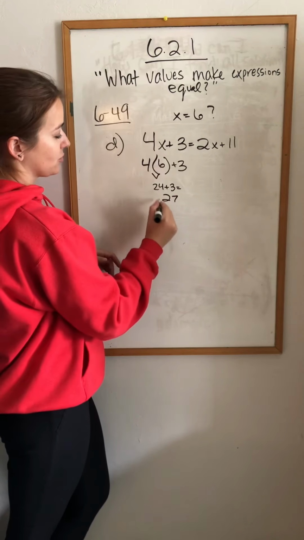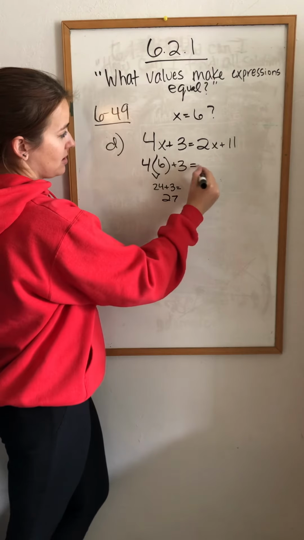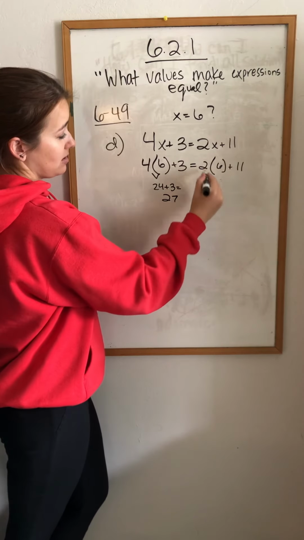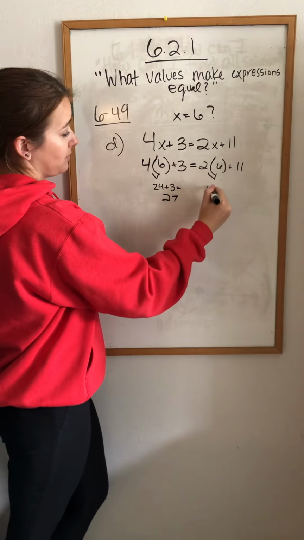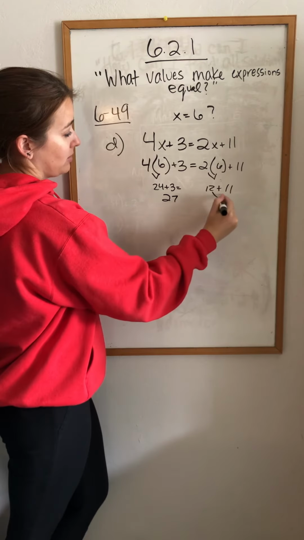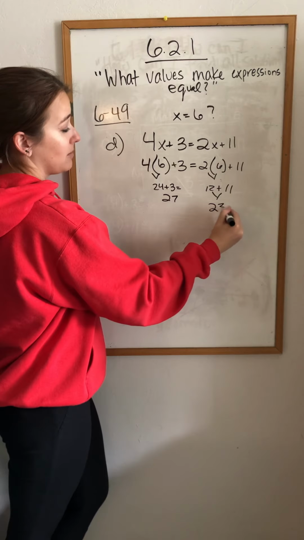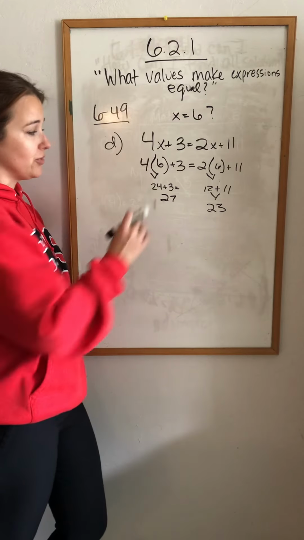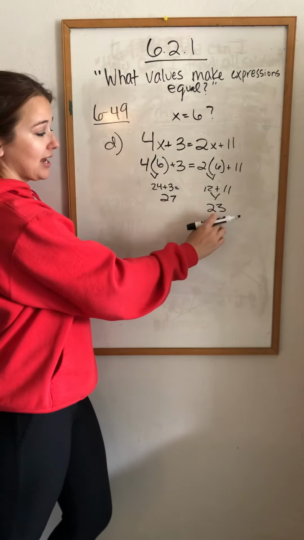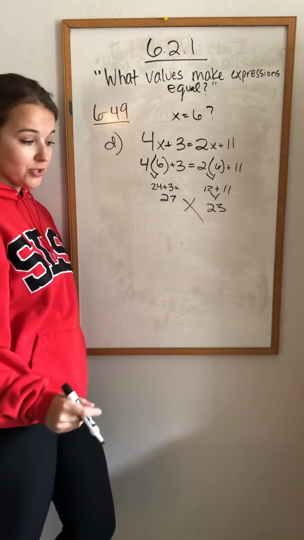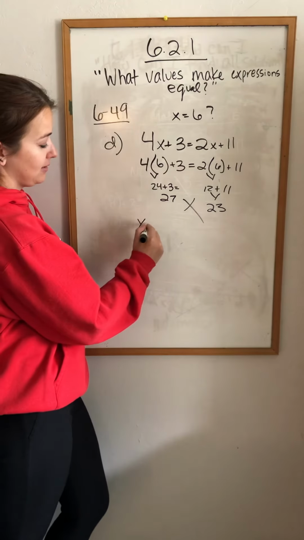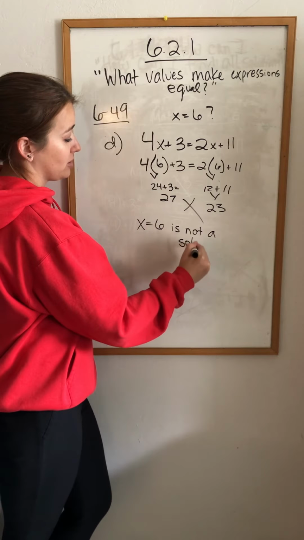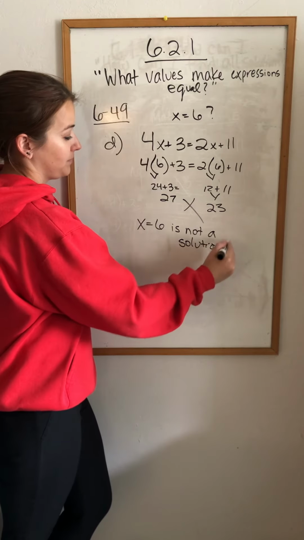So this side is 27. 2 times 6 plus 11, that's 12 plus 11, which gives you 23. So does this make the equation true? Does this side equal this side? No. So x equals 6 is not a solution!